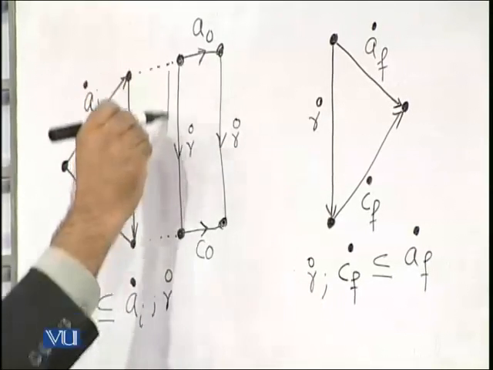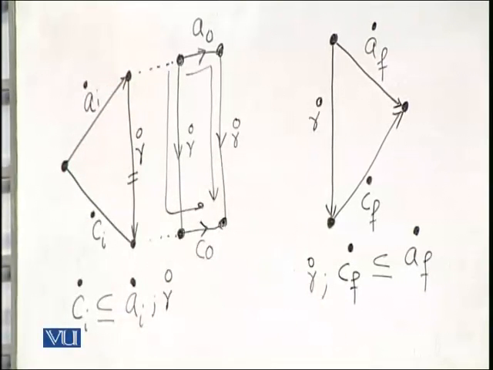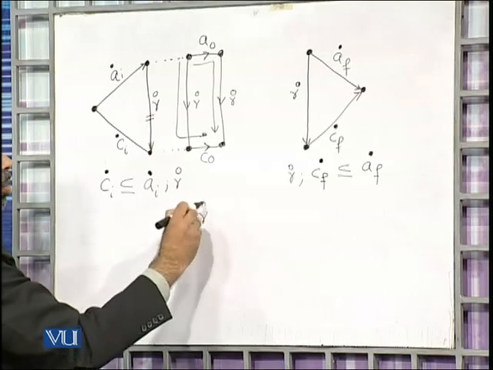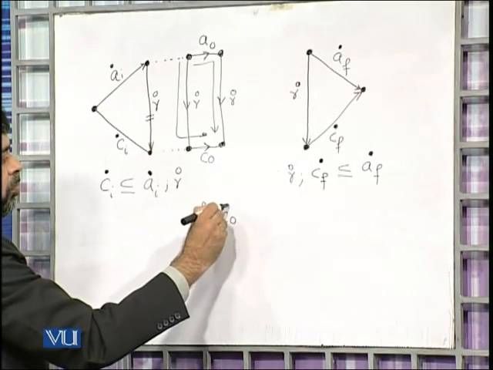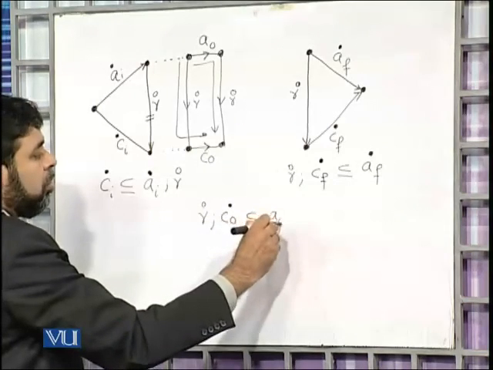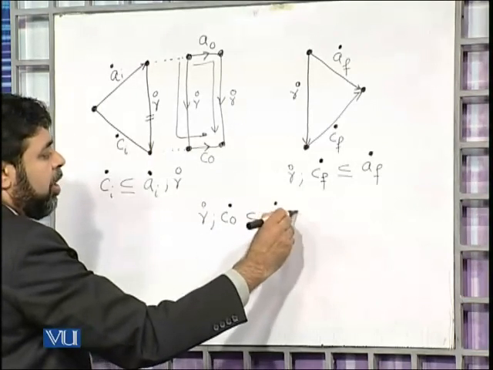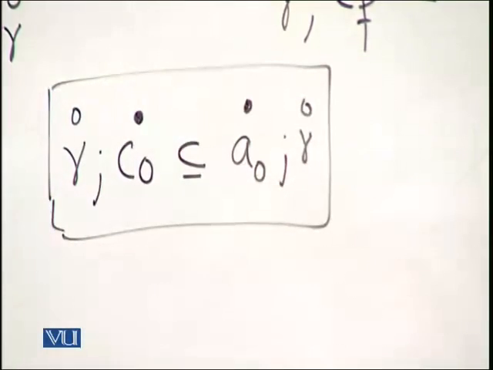If this path and this path correspond to each other, then that means it is a proper refinement. So my question is: is R naught followed by C naught a subset of A naught followed by R naught? So this is my intermediate step.